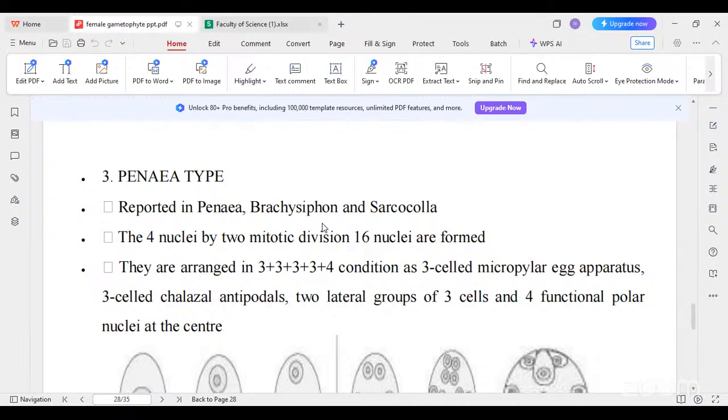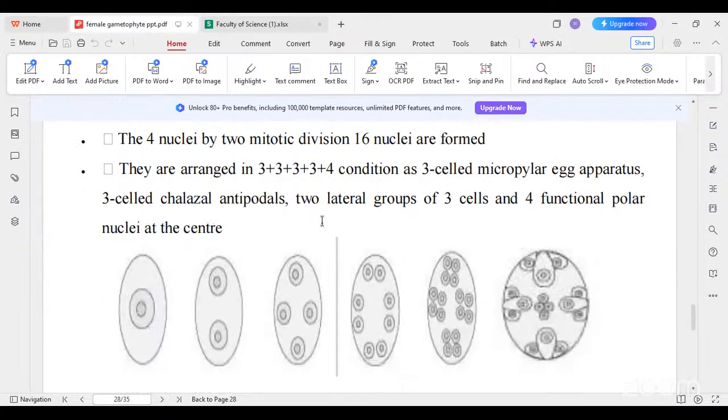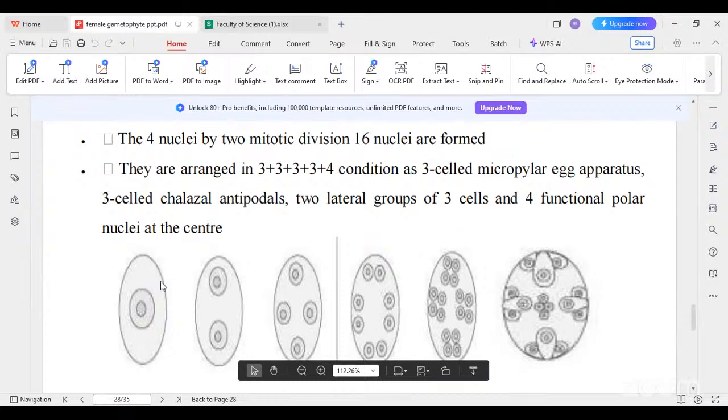The four nuclei by further divisions form 16 nuclei. They are arranged as 3 plus 3 plus 3 plus 3 plus 4. Here, three-celled micropylar egg apparatus, this is the first one.